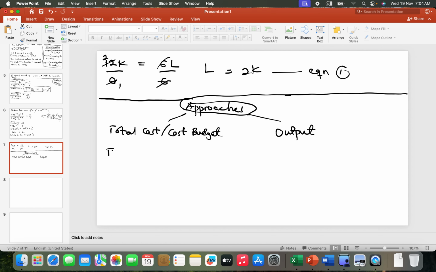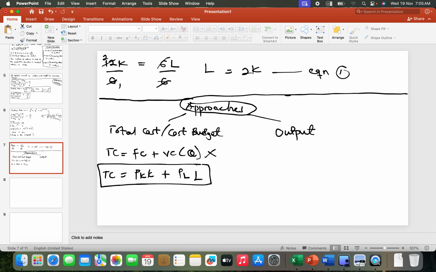This is the formula we are conversant with: fixed cost plus variable cost times scale. Yes, this formula is correct for total cost. But this particular total cost formula won't work in this question, so I can't use it. This is the formula we use: total cost is equal to price of capital times capital plus price of labor times labor. So this is the formula we are going to use in solving the question.